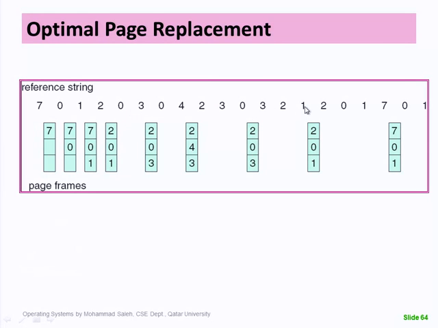So 0 and 1 are safe, which means the last one, 7, is the one that will be referenced far in the future. So 7 is chosen to be what? The victim, right? So what we do from the point where we're going to do the page replacement, search to the right, the future, and the last that you will find out of these in memory is your victim for replacement. Okay? That's optimal.